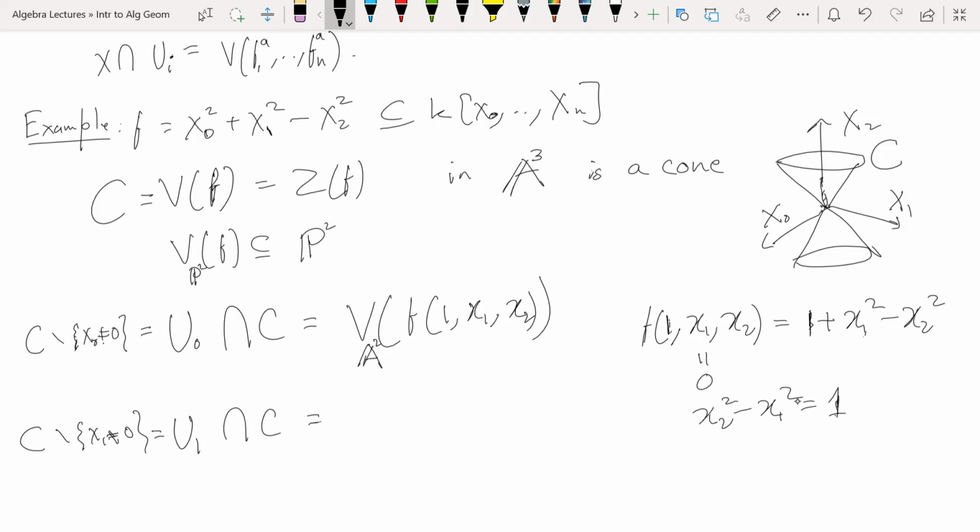That's what U1 intersection C is. So maybe I'll directly write down the equation.